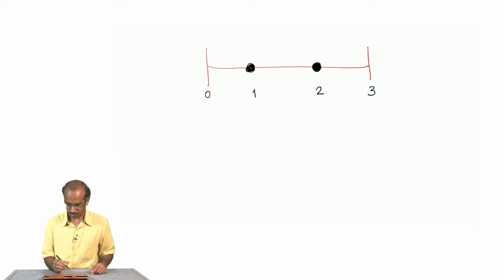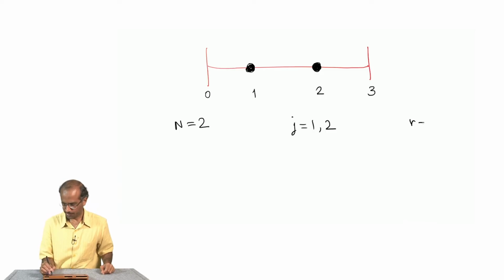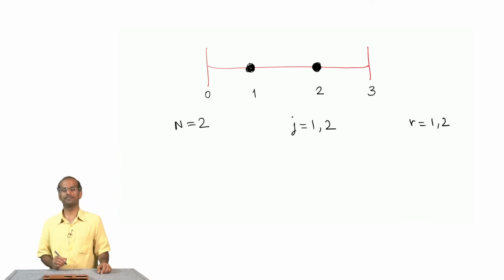So, if I have this problem, in this case n is equal to 2, and I am going to have two normal modes. So, j will run from 1 to 2, and there are 2 particles. So, r will also run from 1 to 2.